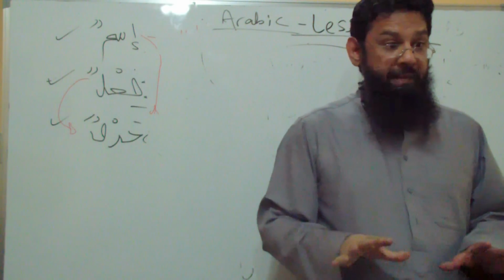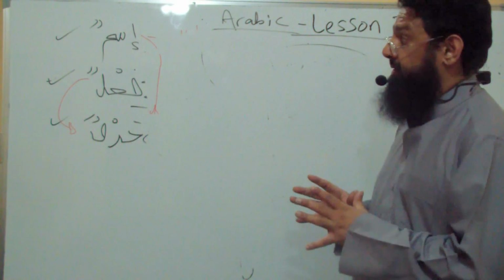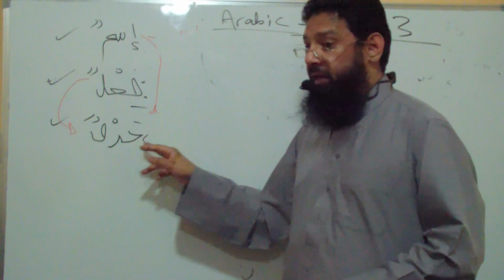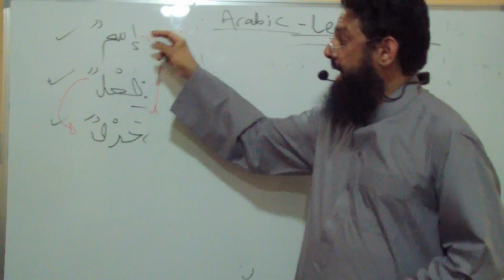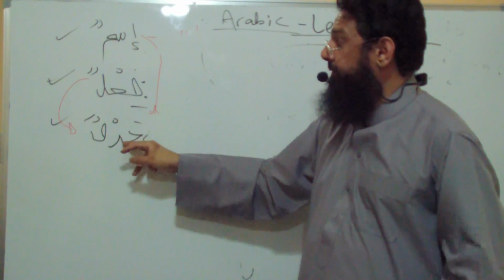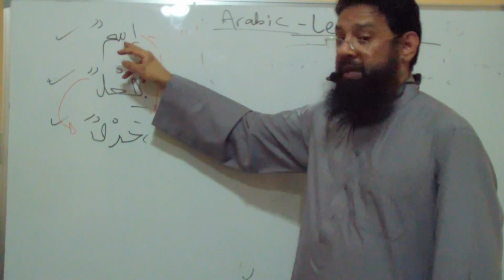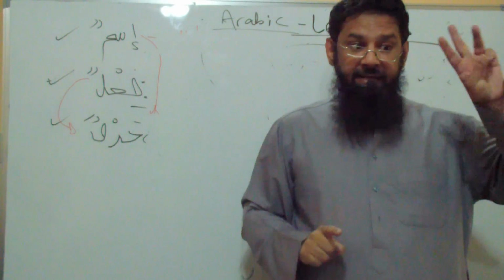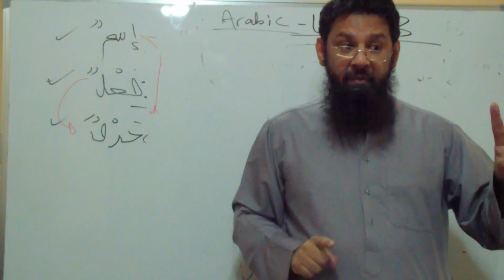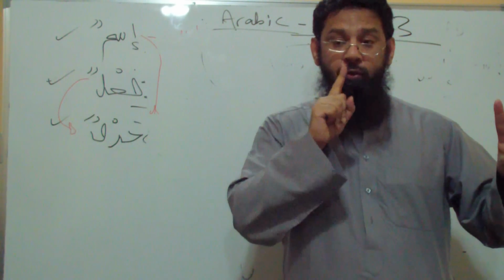And today what we covered was the combinations, how we combine harfun to harfun, how we combine harfun to ismun, and how we combine fi'lun to harfun, and also how we combine ismun to ismun. And ismun to ismun has 3 ways. Who can remind me?